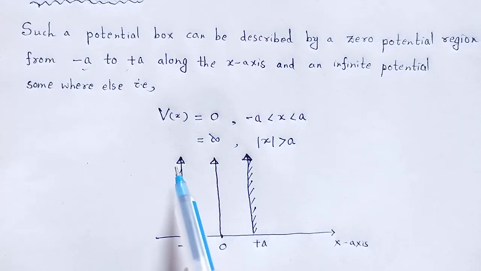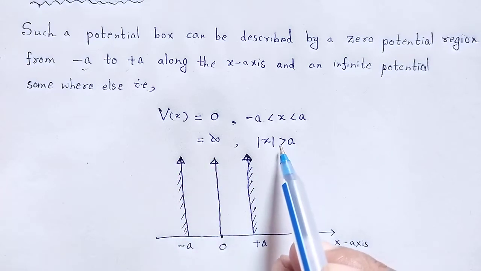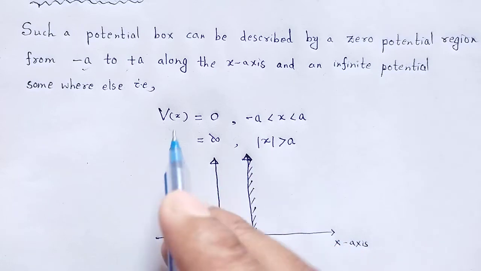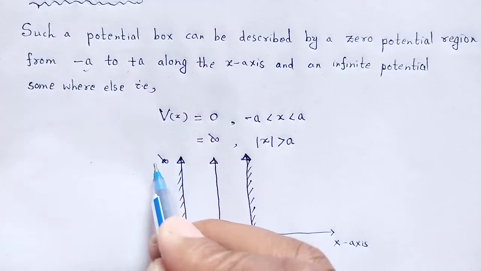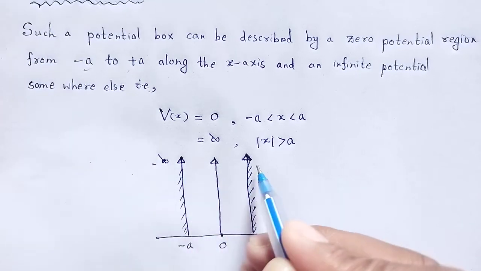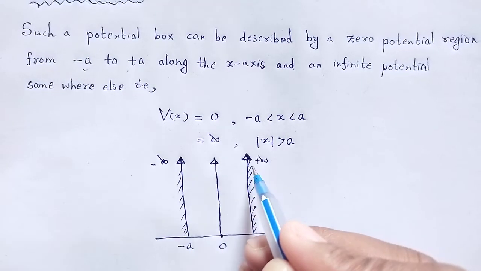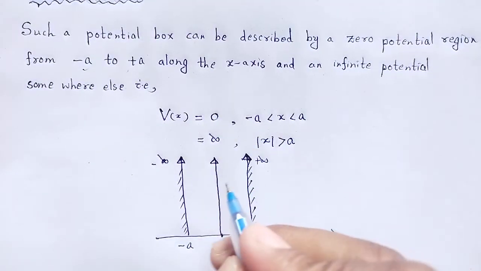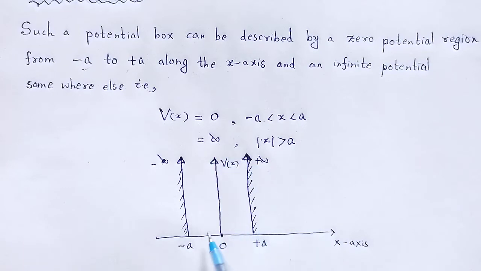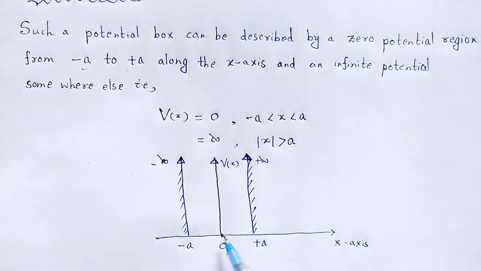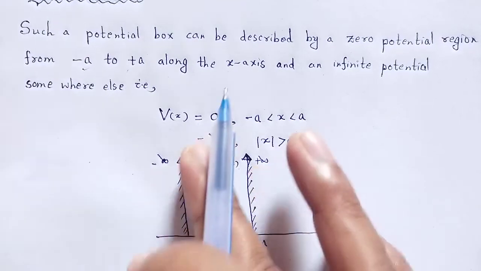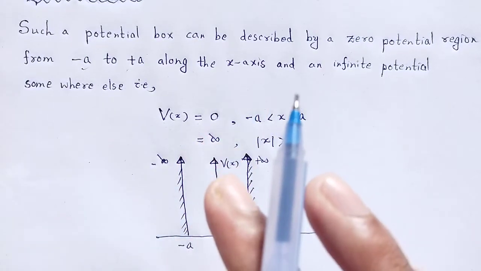Here the potential is infinity, and at the other point also infinity, and in between the potential exists, that is V of x. Inside the region minus A to plus A, the value of potential will be 0, and outside that region the potential will be infinity.